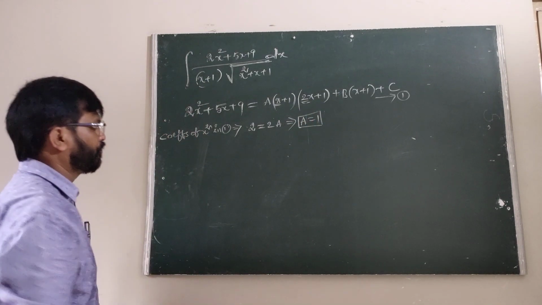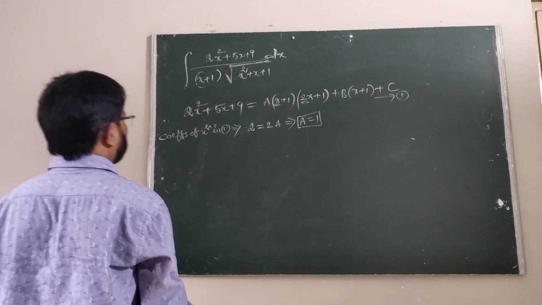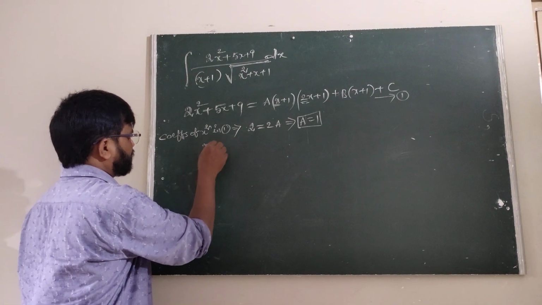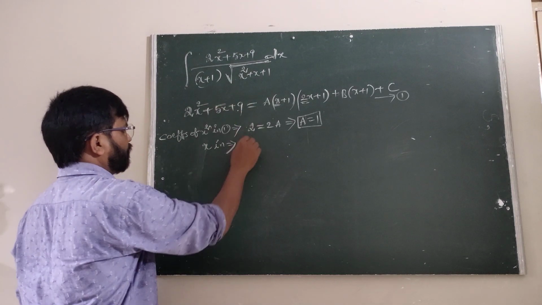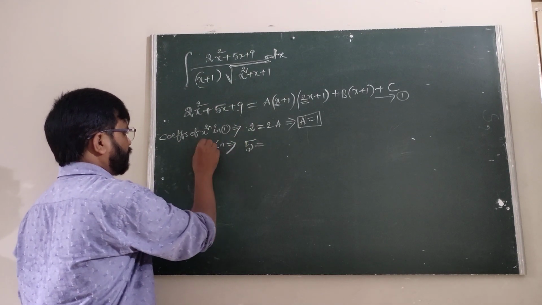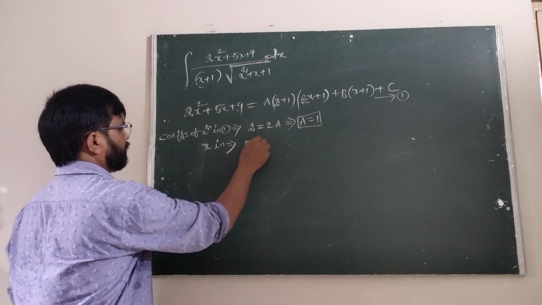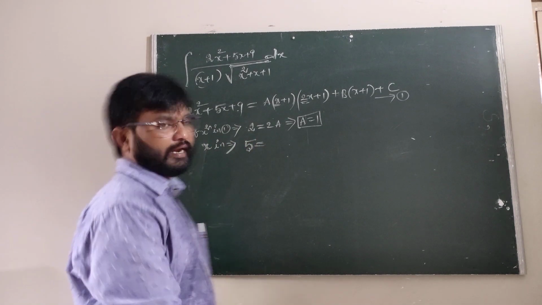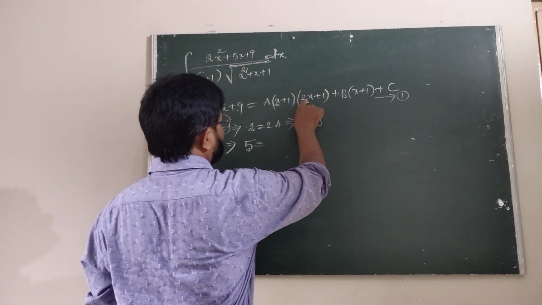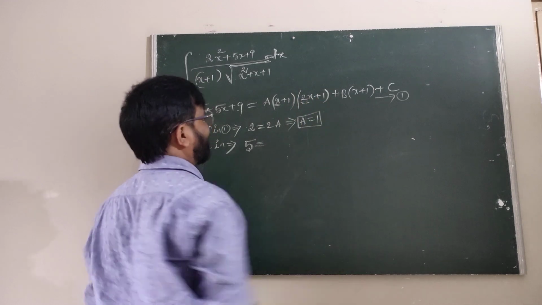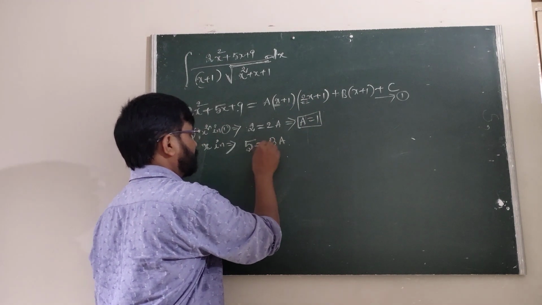Now equating the coefficients of x on both sides. Then it will be 5 equals, here the x coefficient: x into 1 is 1, and 2x gives 2, so 1 plus 2 is 3. Now this is 3A, plus B. Is it okay?